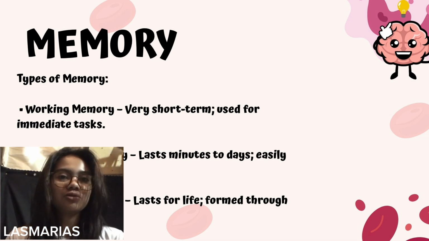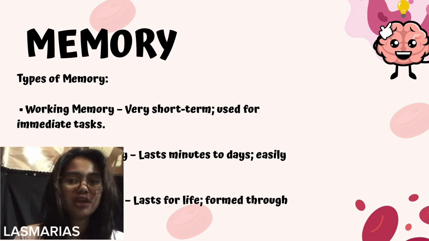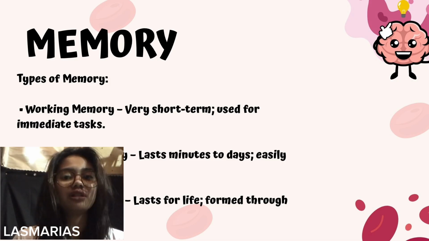Now let's go to our third type of memory, the LTM or the long-term memory, which we also call the permanent archive. So, LTM is the system for storing information for a potentially unlimited duration, from days to an entire life.